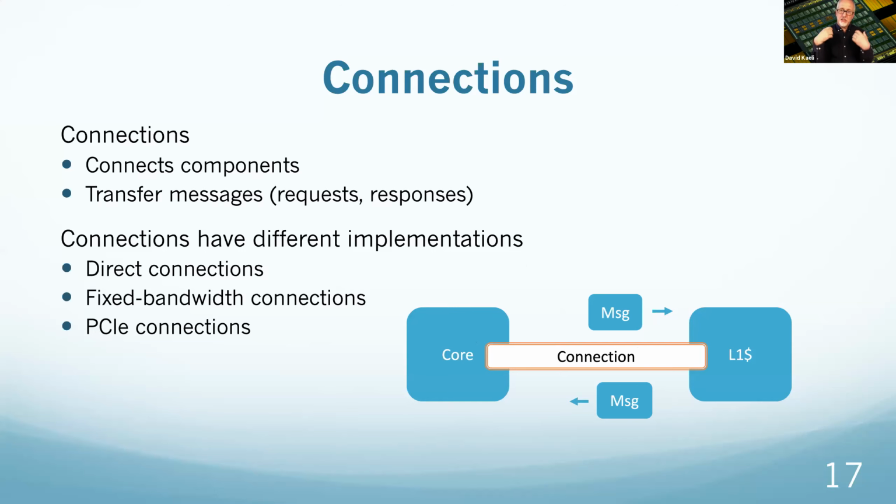That interface is the only publicly visible element. What's inside is hidden. That's the power of encapsulation. So now I can make changes to my L1, and it shouldn't affect my core design.